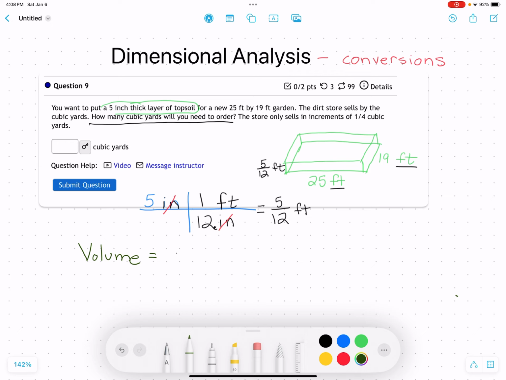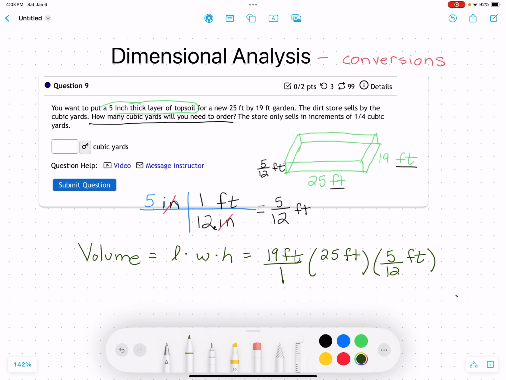So the volume of any object is the length times the width times the height. So I've got the length, 19 feet, times the width, 25 feet, times the height, 5/12 of a foot.